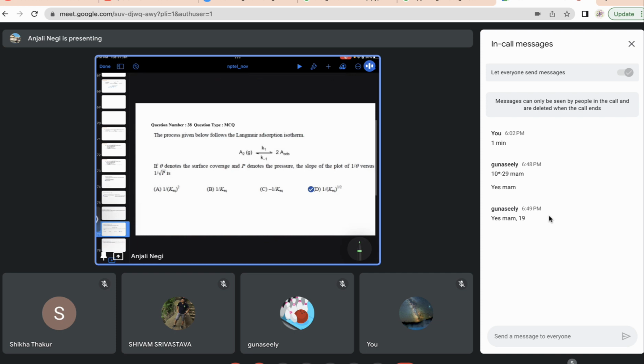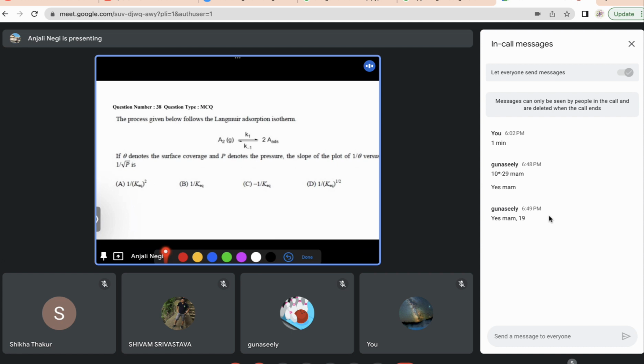This is a Langmuir adsorption isotherm problem. If theta denotes the surface coverage and P denotes the pressure, the slope of the plot of 1 upon theta versus 1 upon under root P is... Both of you should write down what they are asking from the Langmuir adsorption isotherm, and try it.